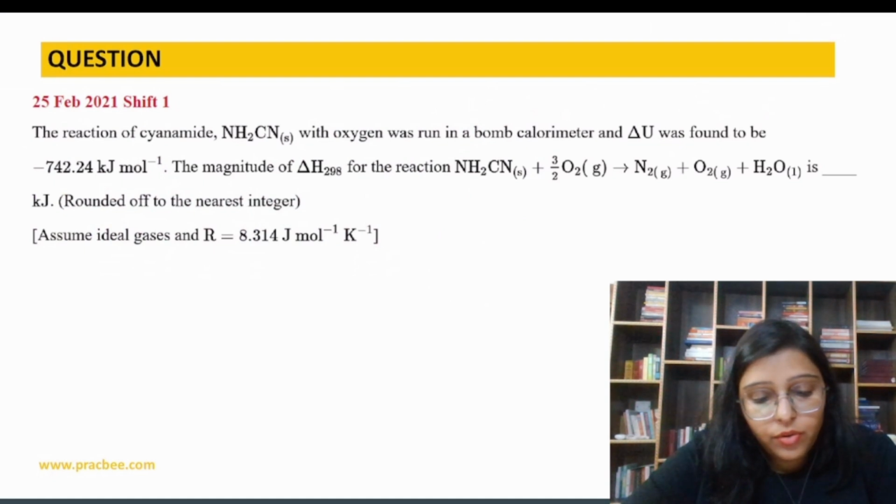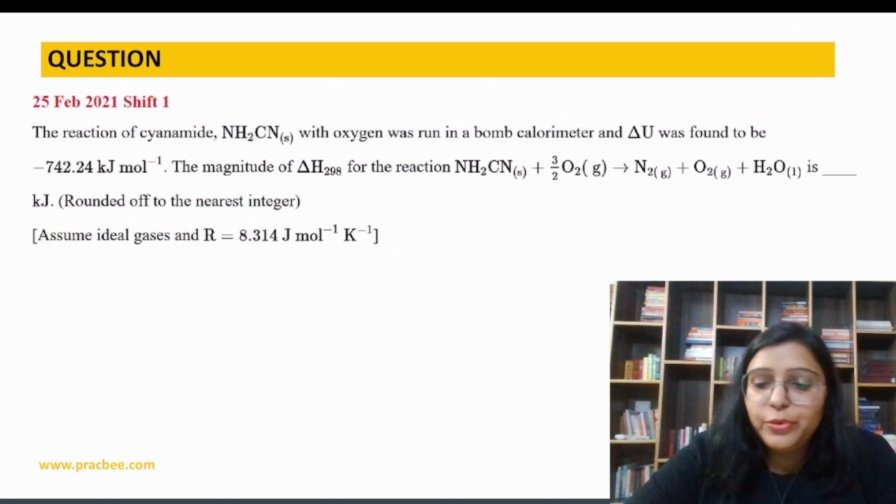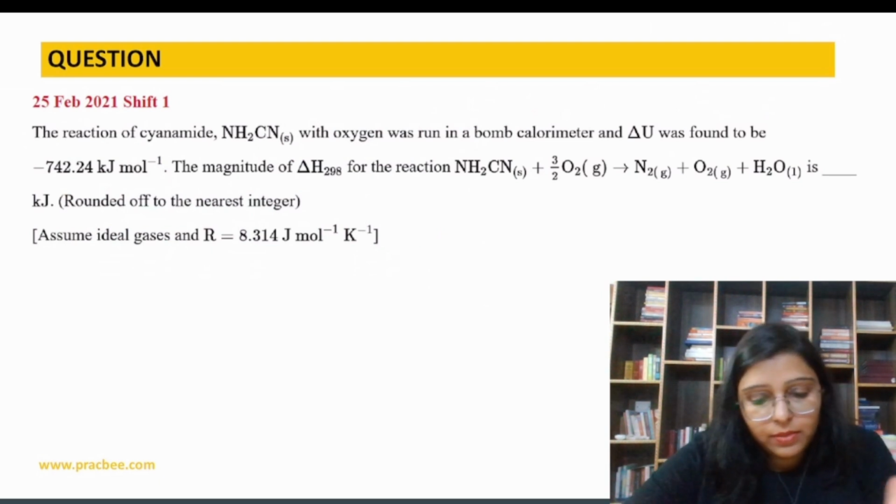The reaction of cyanamide with oxygen was run in a bomb calorimeter, and delta U was found to be this, and the magnitude of delta H 298 for this reaction is asked. It's very simple.